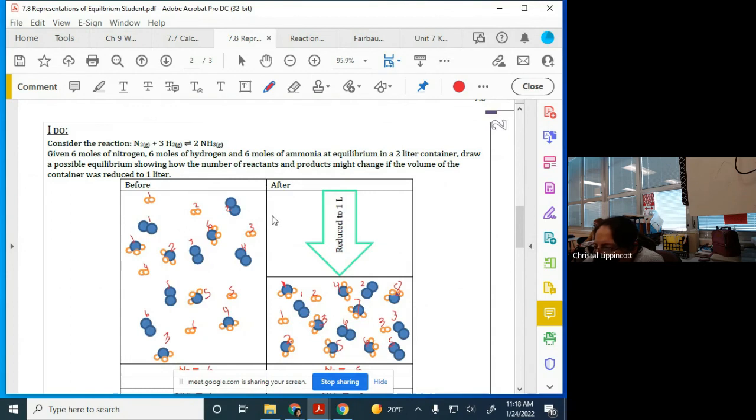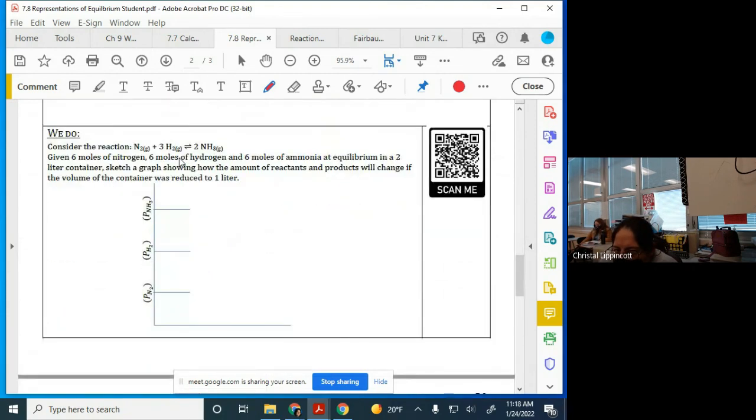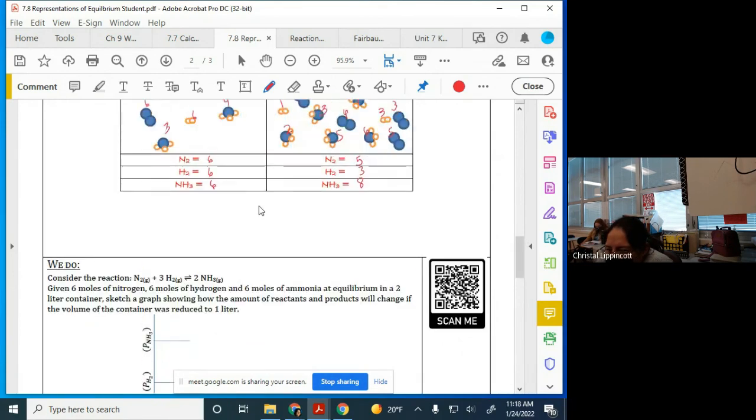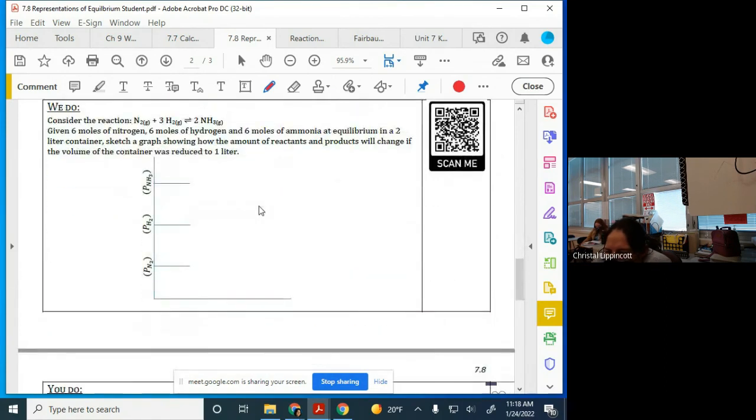So there's a little bit of information that I'm going to share with you tomorrow that'll clear up how you know these values are what they are. Now, I need to pick back up on this tomorrow. This one, though, we should be able to draw knowing the information up here. So here we're starting at 6 moles of nitrogen, 6 moles of hydrogen, and 6 moles of ammonia at equilibrium.